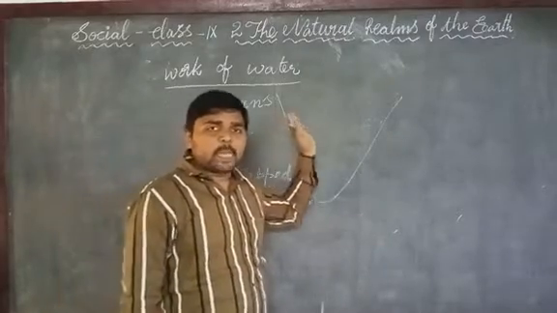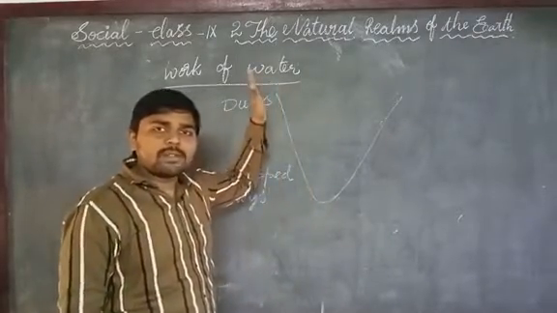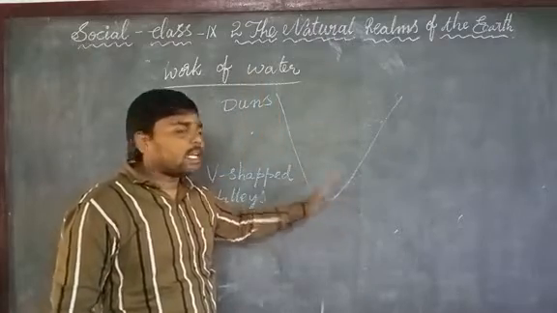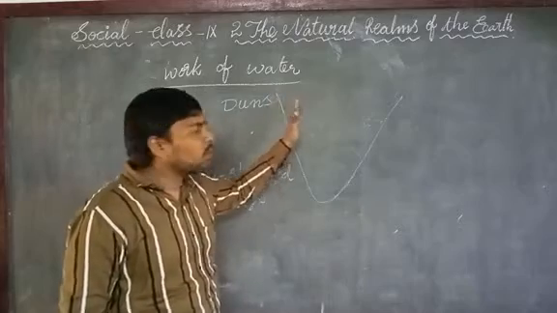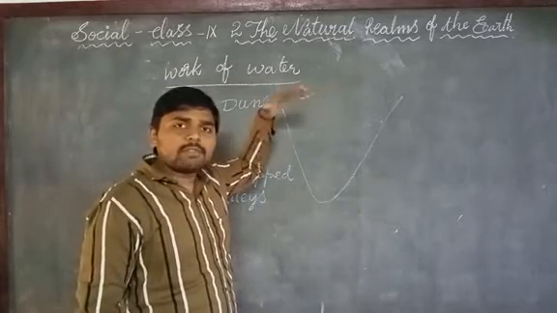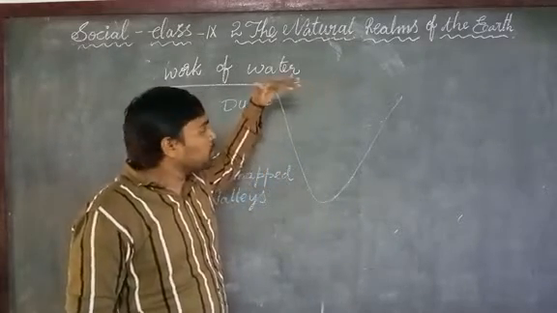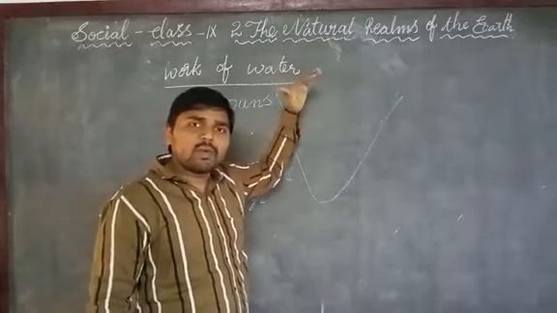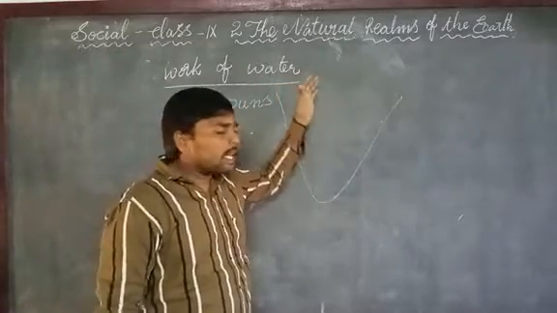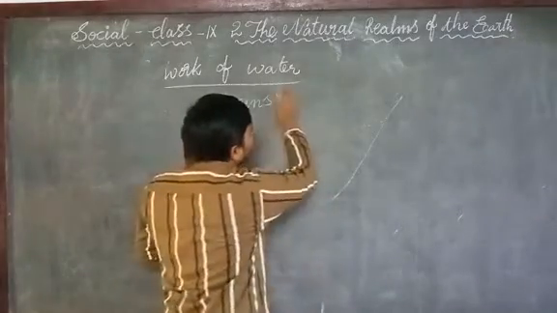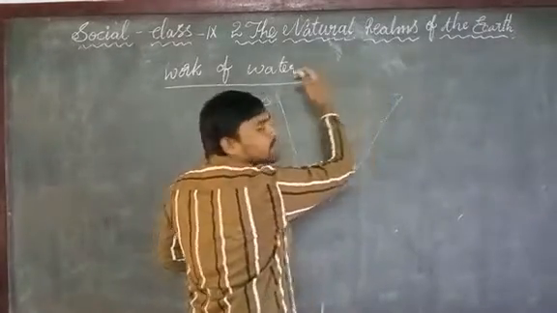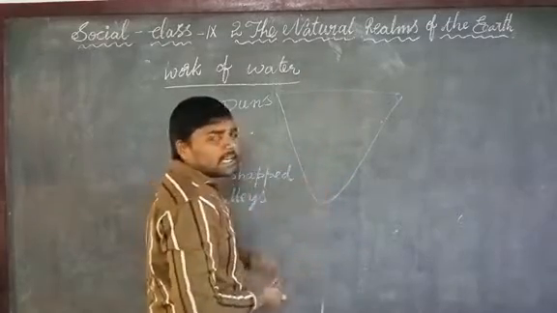At the beginning, the water flows from the top of the mountain to the lower parts, generally flowing on the surface of the mountain. Due to this flowing, it erodes the particles. Suppose at the beginning the water flows on the surface of the mountains like this.